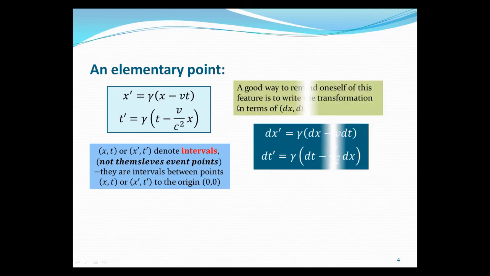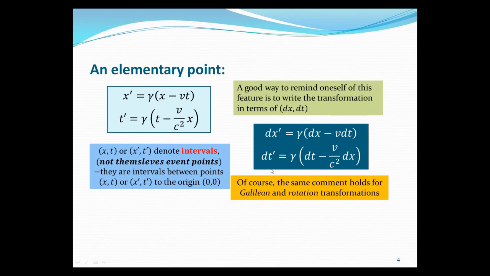A good way to remind ourselves that we're talking about intervals, not just the coordinates of some events, is to often write dx and dt instead of x and t. This reminds us we're talking about intervals. Now this is true not just for the Lorentz transformation. The same holds for rotation, and the same for the Galileo transformation. They are all really meant as relations among intervals.